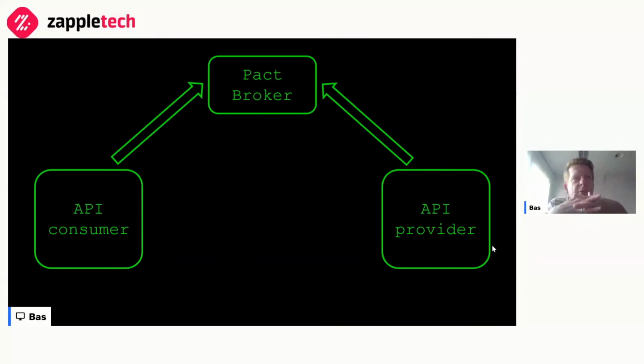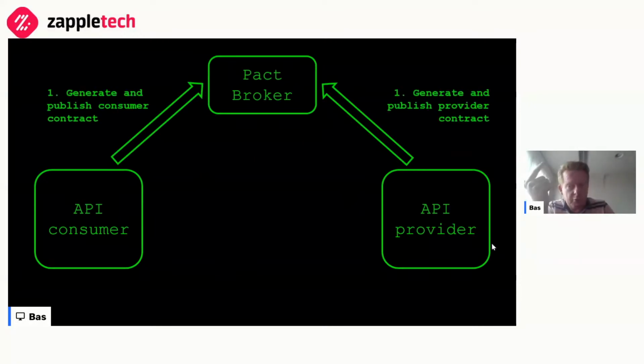And then it's the Pact Broker that compares those contracts and checks whether or not there are any integration issues, basically. So it's no longer the consumer giving a contract to the provider. It's also not the provider giving a contract to the consumer, because that would be provider-driven contract testing. No, it's both parties giving a contract to the broker, and then it's the broker that checks for compatibility.